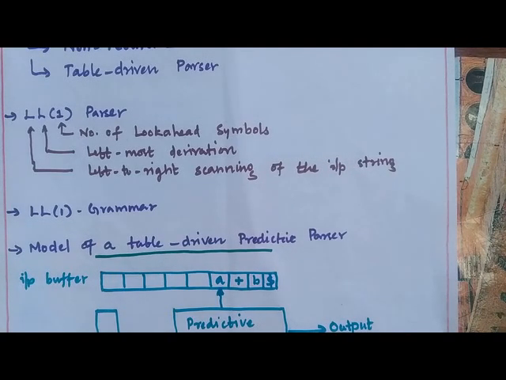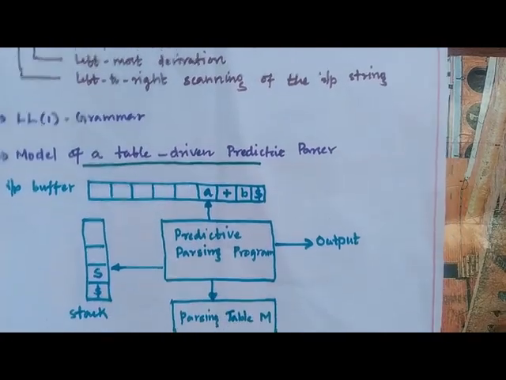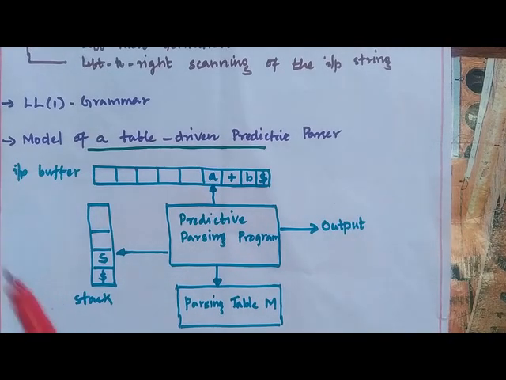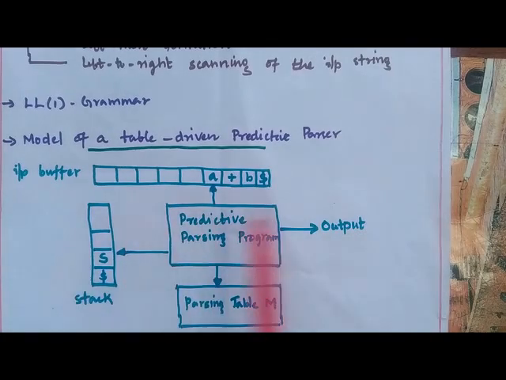And what is the model of the LL1 parser? Let us see this picture. Model of a table driven predictive parser. This is the informal description of the LL1 parser. Here in this LL1 parser there is an input buffer, and it is divided into many cells, and each cell holds one symbol.